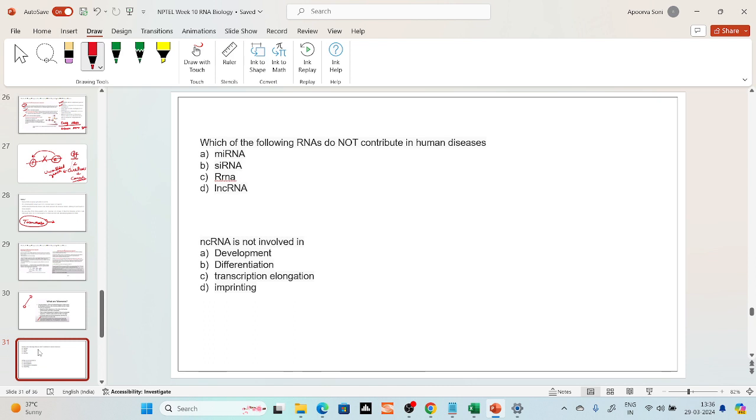Think, and then I'll switch the screen. Okay, I'm switching the screen now.